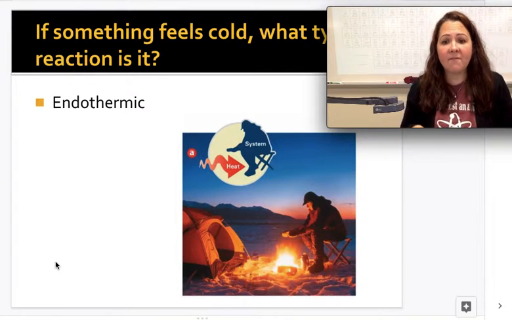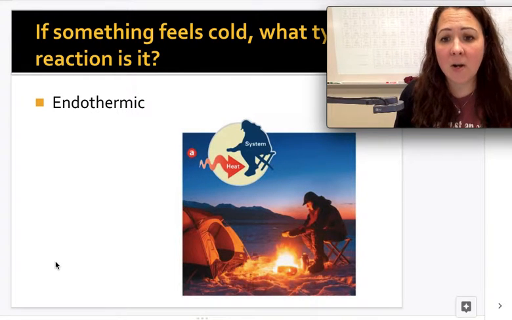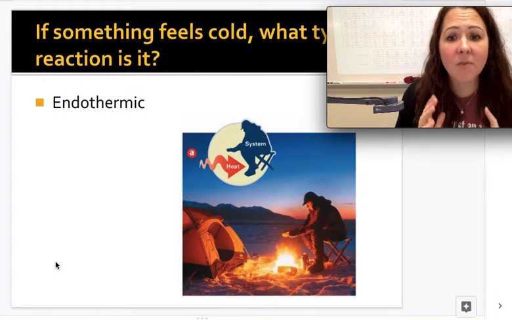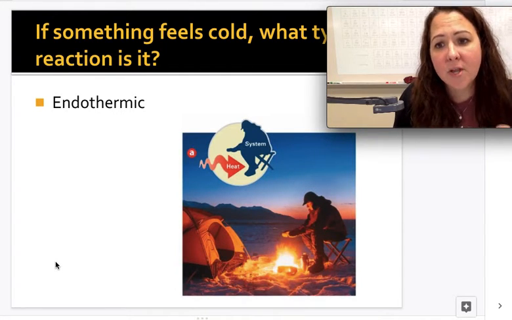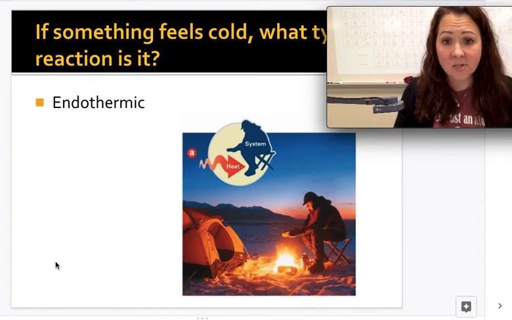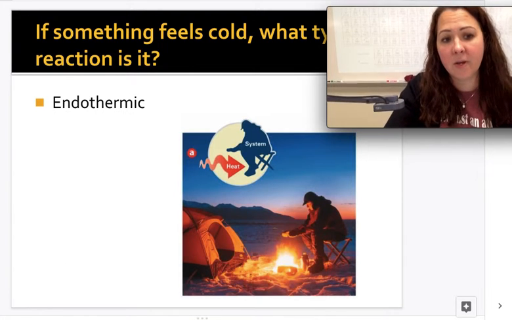So in this case, we have the heat on the outside. That heat is traveling into the person overall. He is stealing the heat from the fire. So the person is the system. The person is endothermic. So when you are looking at your system versus your surroundings, figure out what you are studying. That's going to be the biggest key to try to figure out if something is endothermic or exothermic.